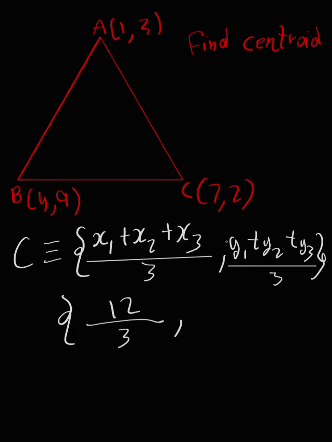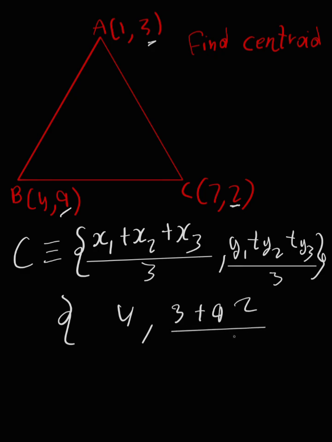Let's solve for y. y1 is 3, plus y2 is 9, y3 is 2, and we divide all of them by 3.